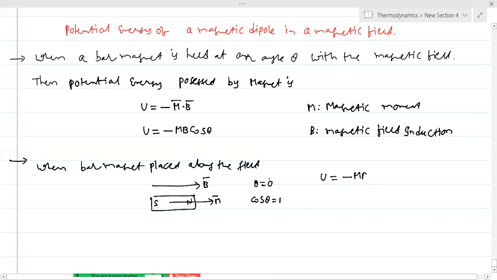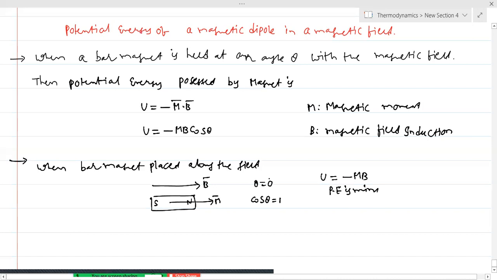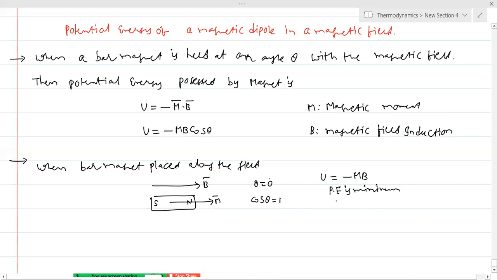minus MB. So whenever we have negative potential energy, whenever the potential energy is less, we will say that potential energy is minimum. Whenever the potential energy is minimum, it is said to be in stable equilibrium.